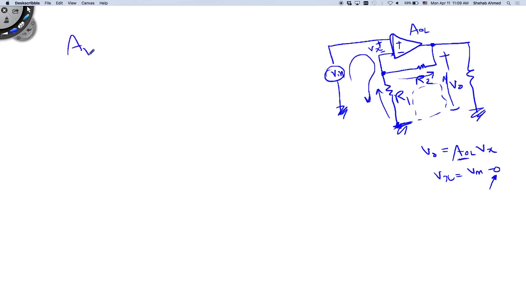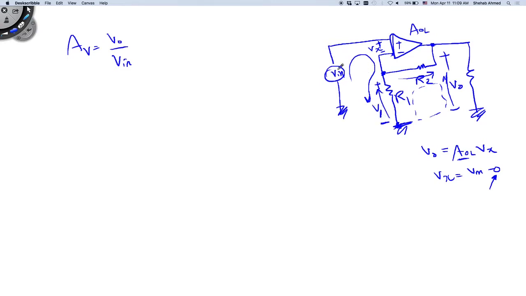Remember, our gain is equal to V output over V input. V input is equal to what? I'll call the voltage across R1 V1.